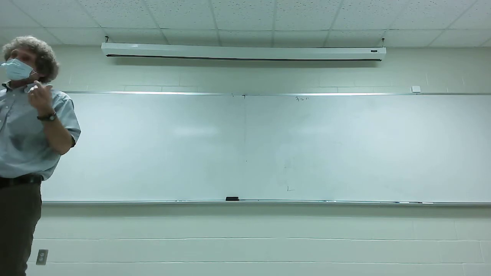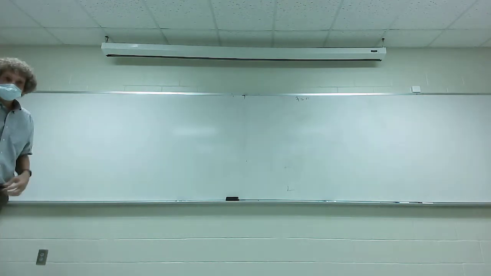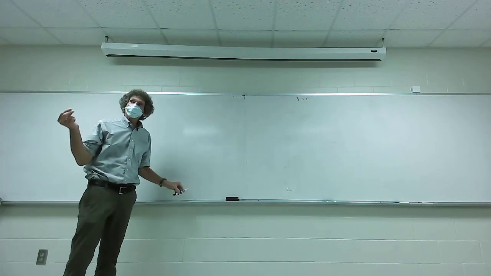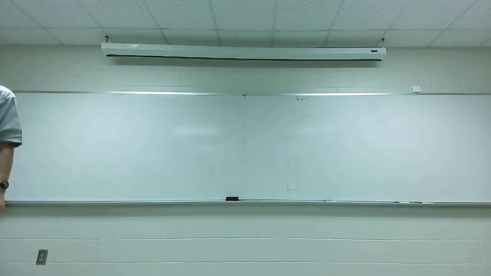Y'all follow me? A candle's not bad either, all right? But antennas aren't like that. However, what we like to do is get a figure of merit to how much better or worse a certain antenna is compared to an isotropic. So we need something we compare its performance to. You with me on this?